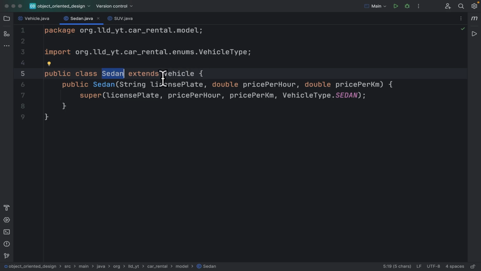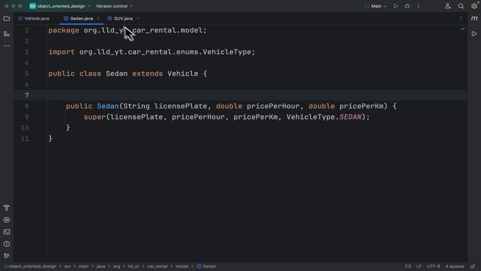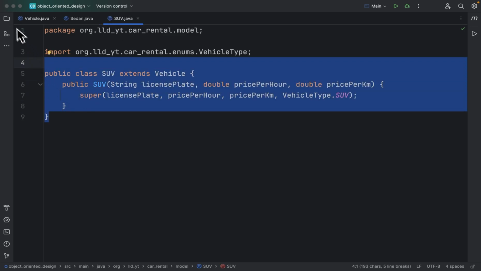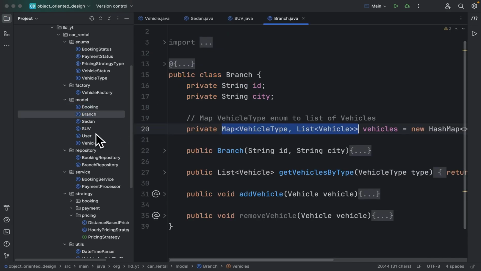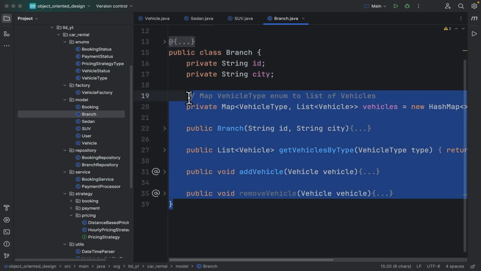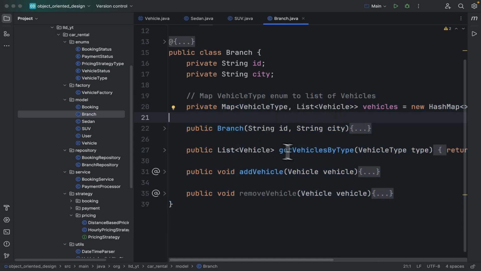So all the unique attributes related to the sedan will go into this class over here. Similarly, we have the SUV class as well. Now let's see the branch. Each and every branch will have its unique ID, and the branch will also have a city in which this branch is present. And we have some CRUD operations like getting the vehicles by the type.